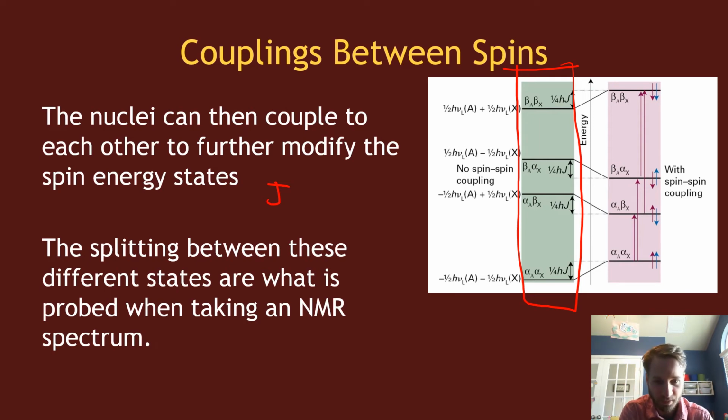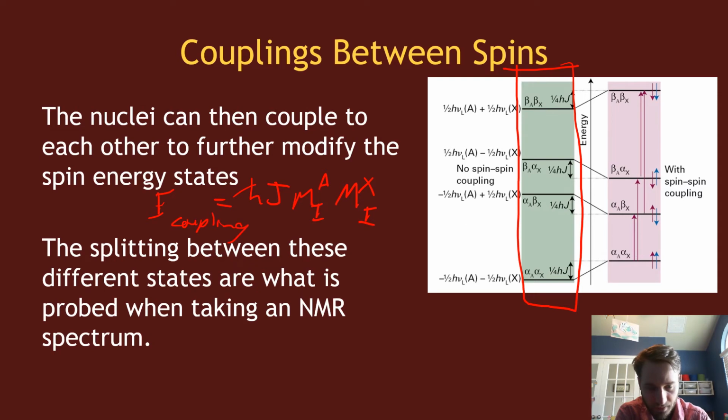So it could be something like the energy contribution here, something like J times M sub I of A and M sub I of X, and then probably an h bar here, some h bar times J. So this would be the energy term for the coupling.